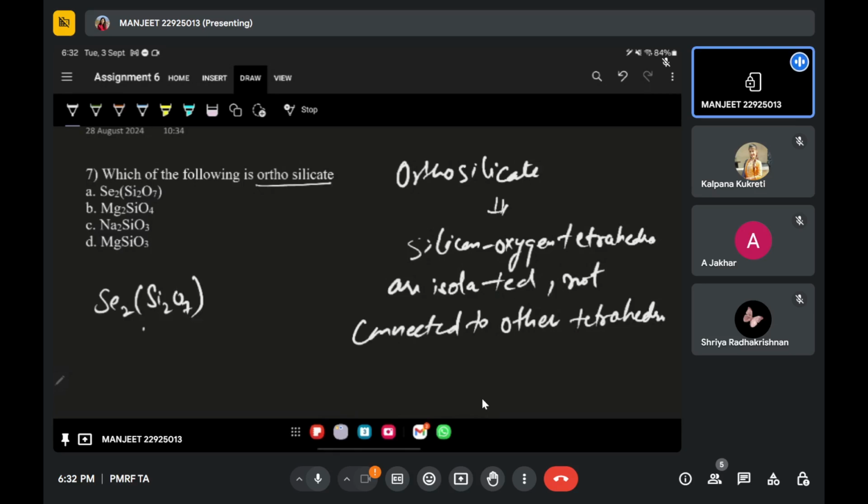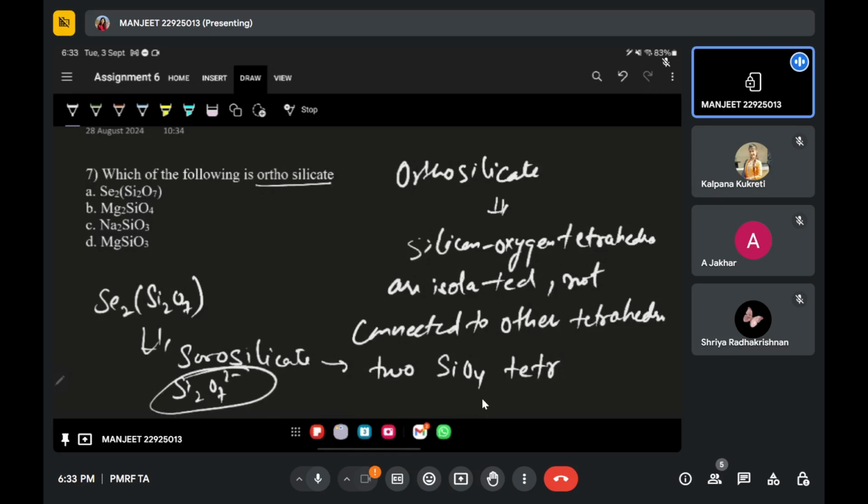Okay, so this first given one is the silicate Sc2Si2O7. This is your sorosilicate. In sorosilicate, we have two SiO4 tetrahedra sharing one oxygen atom, and that gives you this Si2O7 6 negative.